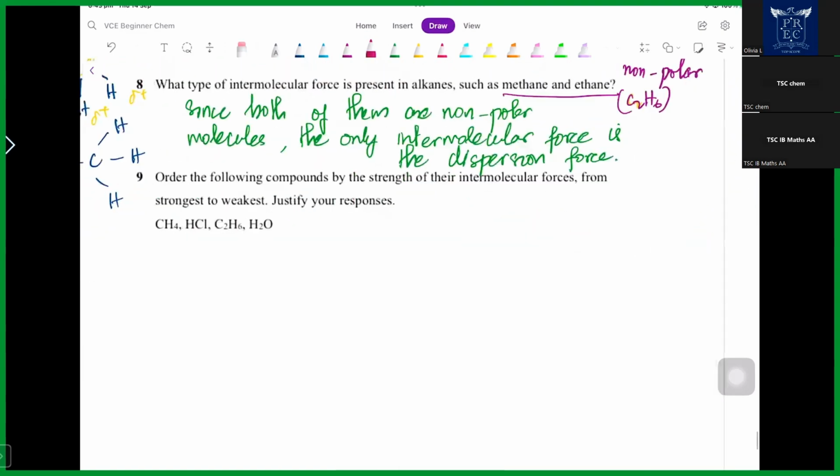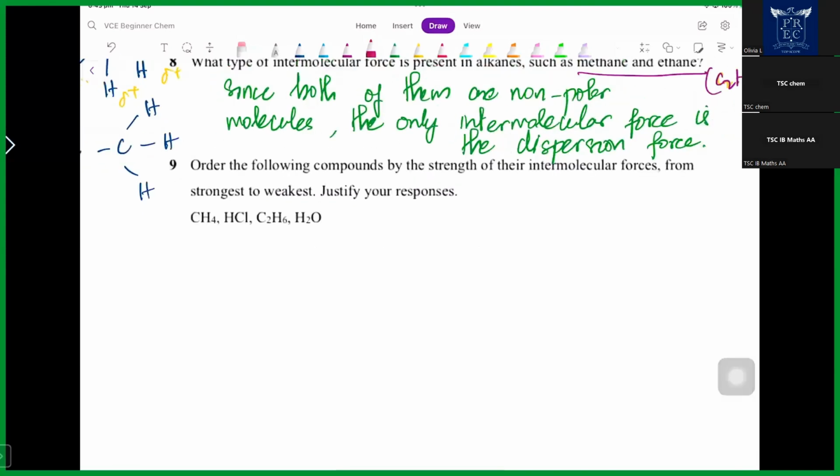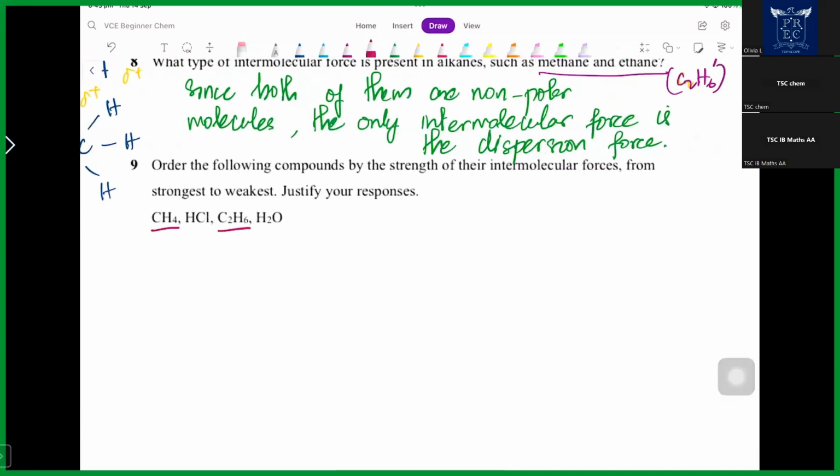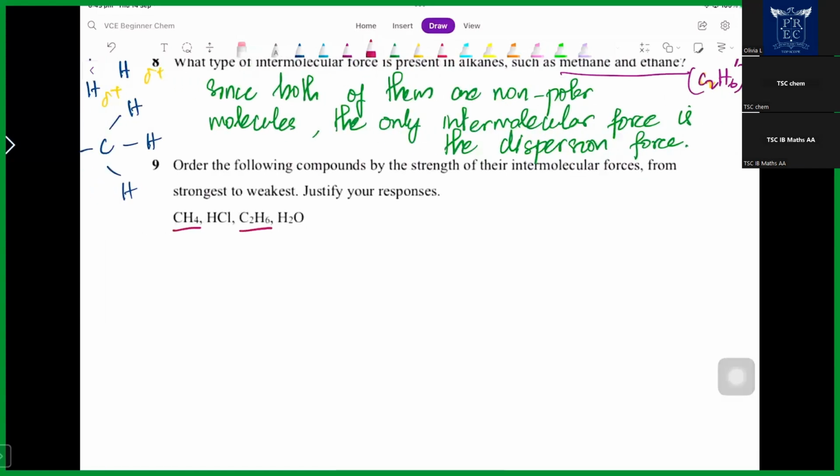So let's look at this. First of all, we have four molecules given. These two are the same, both are non-polar. Remember, this is methane, and this one is ethane.